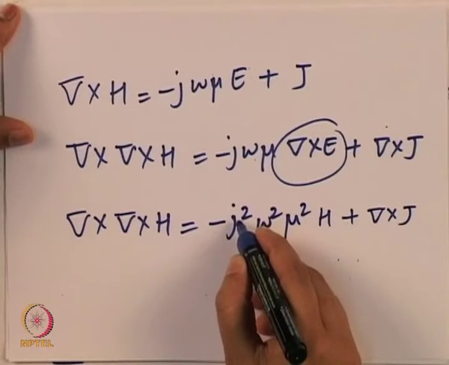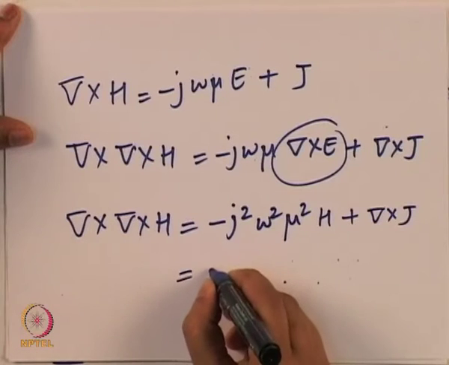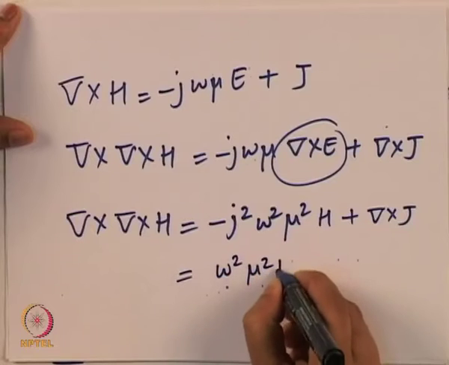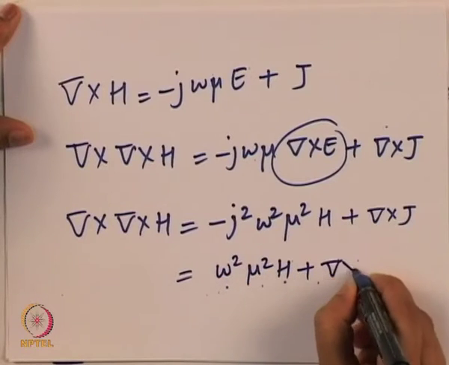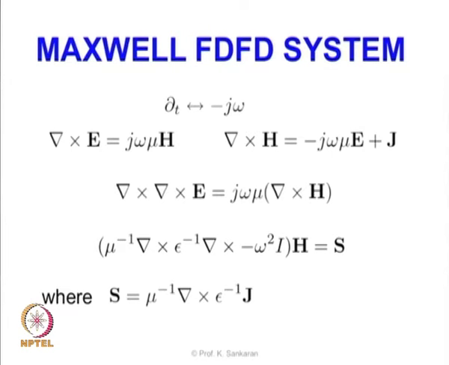And j squared is minus 1, so minus j squared will be plus 1. You can write this as omega squared mu squared H plus curl of j, and when you rearrange the terms, you get the equation represented here, where the S term contains the source term, and the j term is contained within this S term.